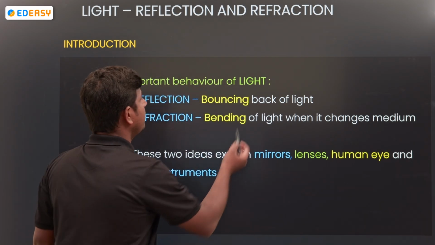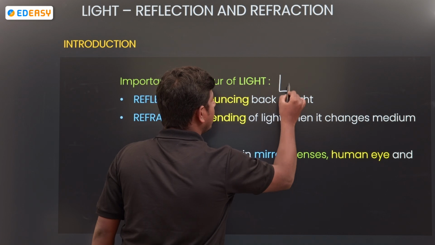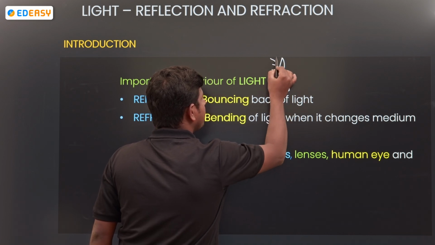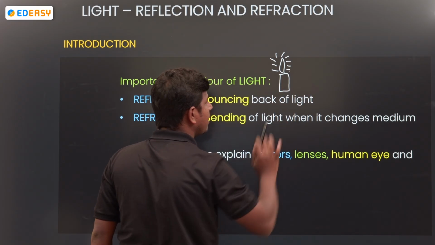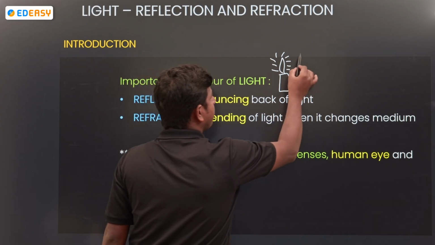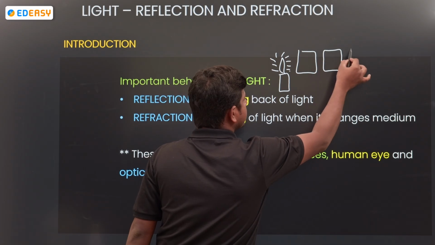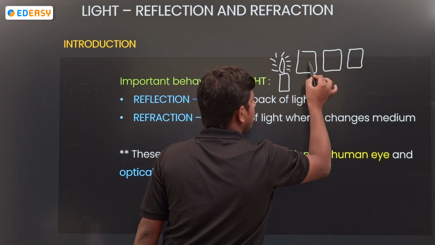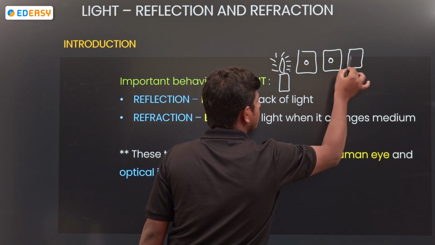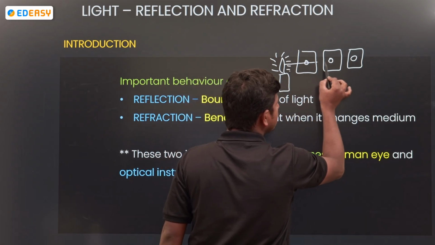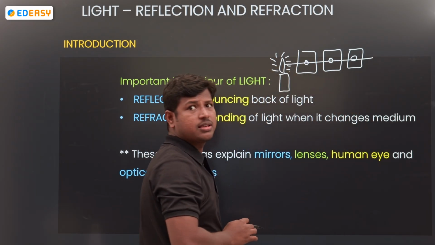For example, if I place a candle here, in lower classes we already studied this experiment. If I place a number of cardboards in front of the light, arranged parallel, and make a hole in each, then light passes through the holes.